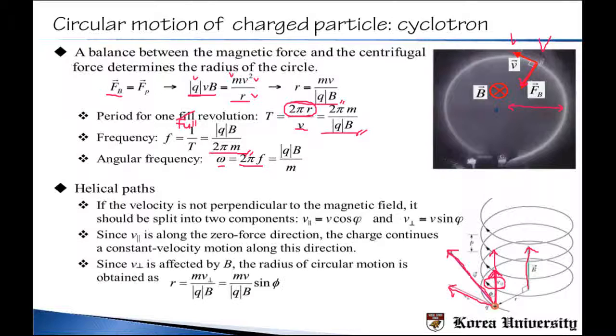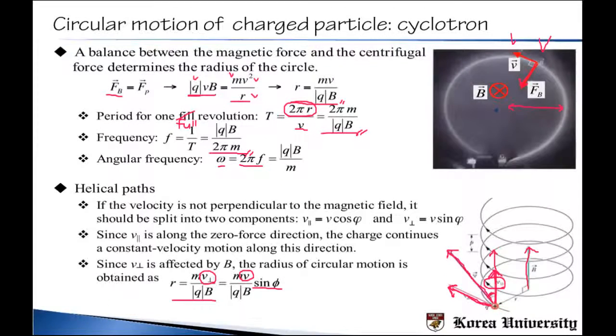In contrast, along the velocity component perpendicular to it, there will be exactly the circular motion we have studied here. The radius of the circular motion is determined not by the size of the original velocity, but by the size of the perpendicular velocity component, which is the original velocity multiplied by sine phi, where phi is the angle here.